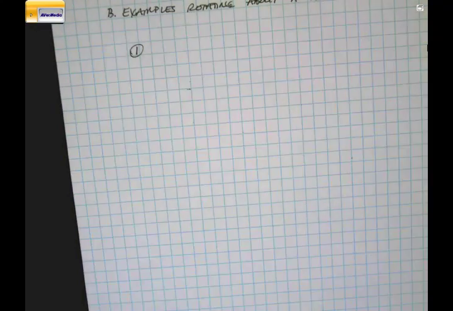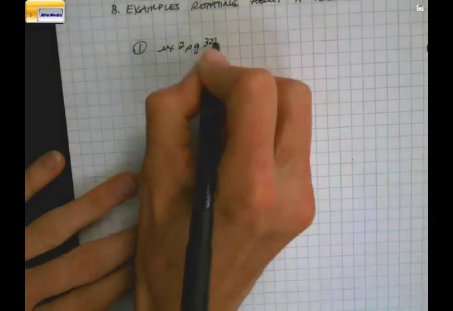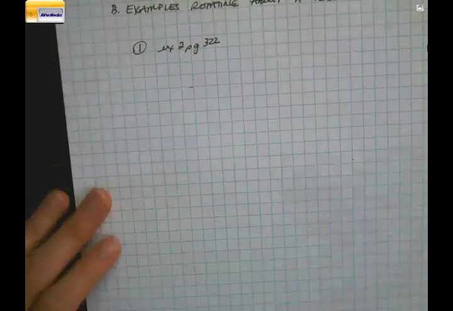X square root of x about x equaling 4. Okay, example 2, page 322. Okay, here's the question.